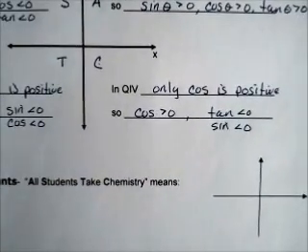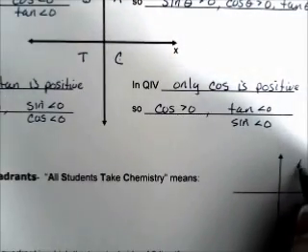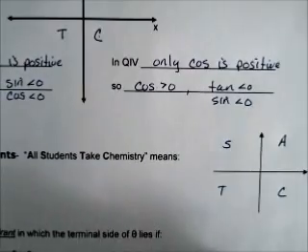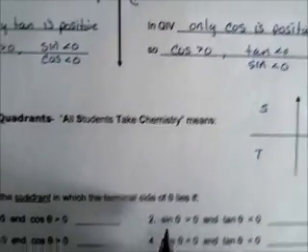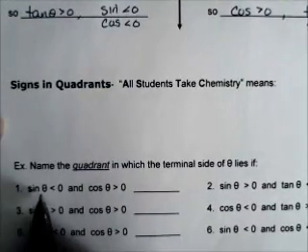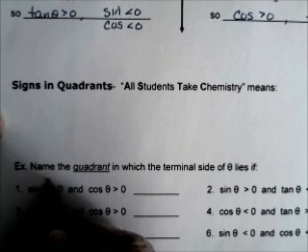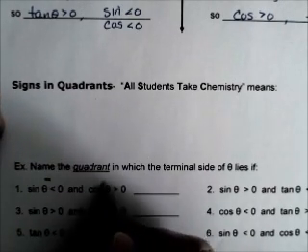Okay, so a little bit of practice. Again, signs and quadrants, all students take chemistry. Name the quadrant in which the terminal side of theta lies if sine theta is less than 0, meaning sine is negative, and cosine theta is greater than 0, positive.